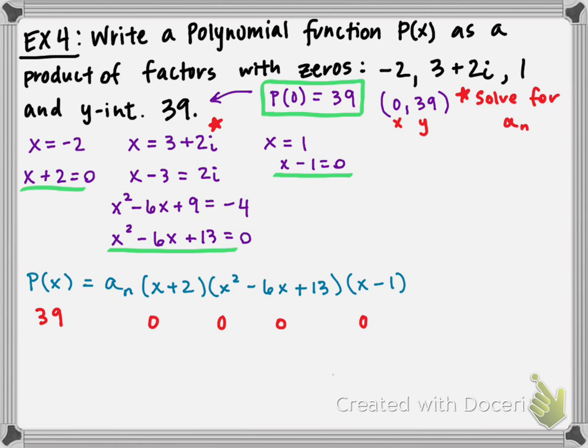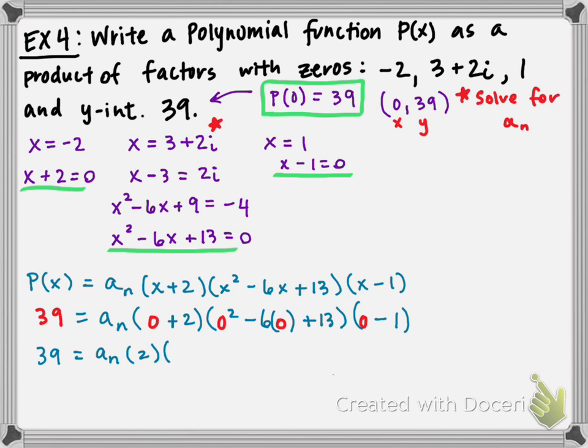So I'm just going to replace all those x's with 0. A sub n times 0 plus 2 times 0 squared minus 6 times 0 plus 13 times 0 minus 1. That means I really have 39 equals a sub n times 2 times 13 times -1. When I take that product, I'm left with 39 is equal to -26 a sub n.